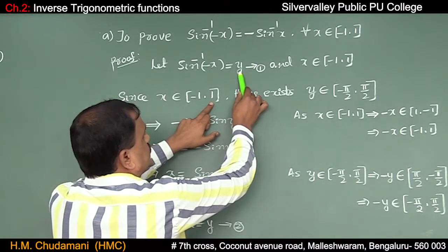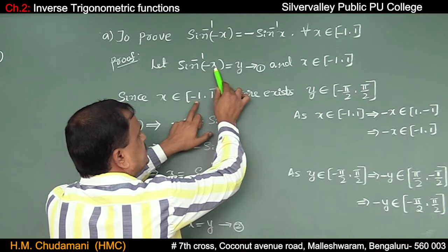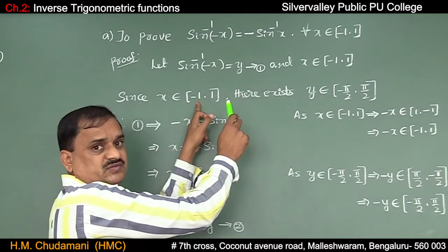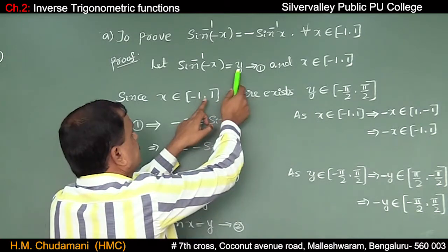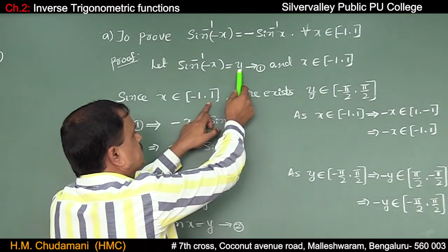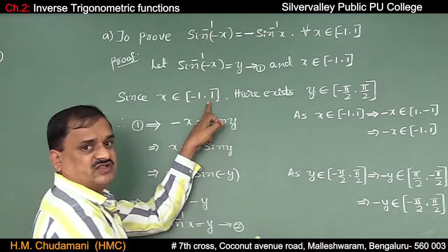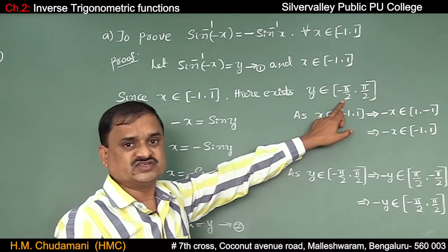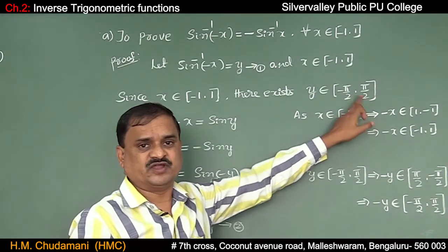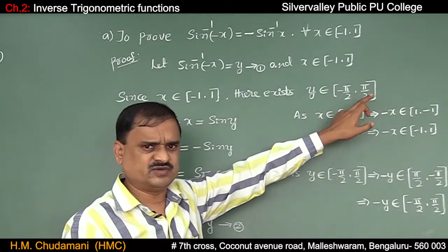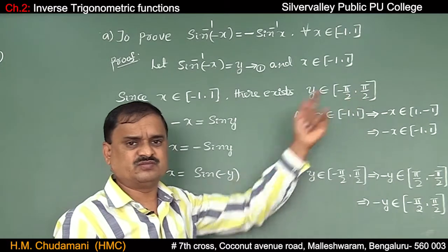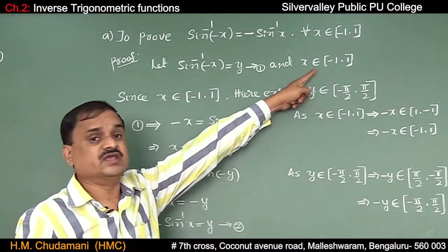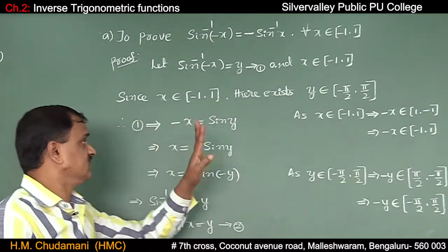Sin inverse of 1 means pi by 2, and sin inverse of minus 1 means minus pi by 2. So y belongs to minus pi by 2 comma plus pi by 2, closed interval, of course, including minus pi by 2 and plus pi by 2.